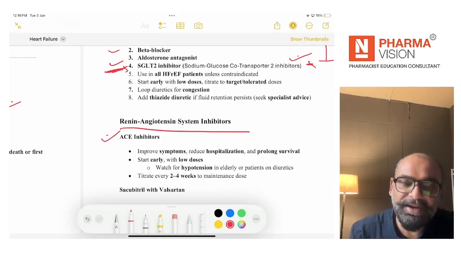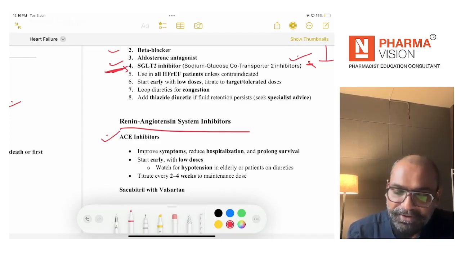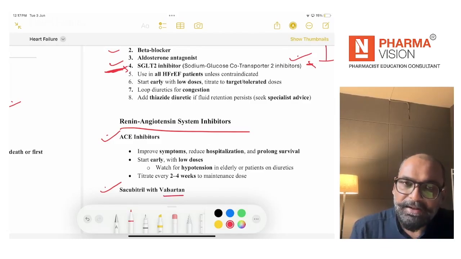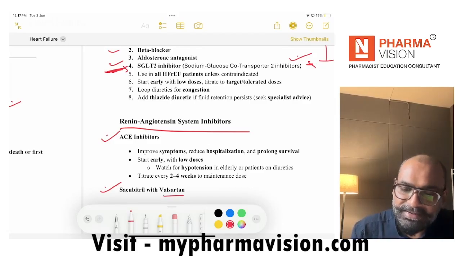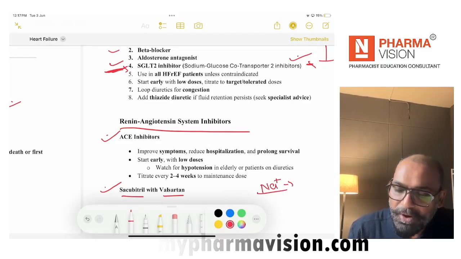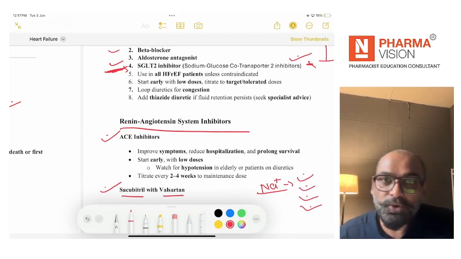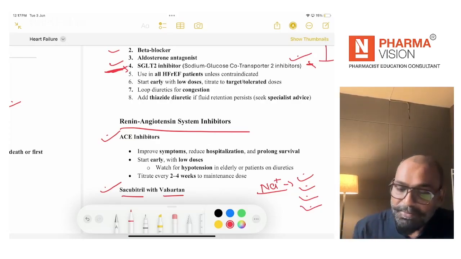Perfect. Okay, renin-angiotensin system medications can be classified in three different groups. One is ACE inhibitors, the normal ACE inhibitors. Second is sacubitril with valsartan. Valsartan is an ARB. Okay, and sacubitril, this medication improves the sodium outflow, that's diuresis, has a vasodilatory effect, and reduces fibrosis and cardiac remodeling.